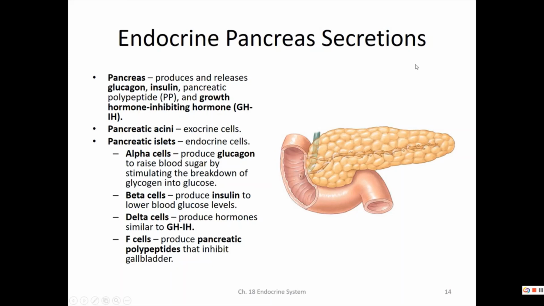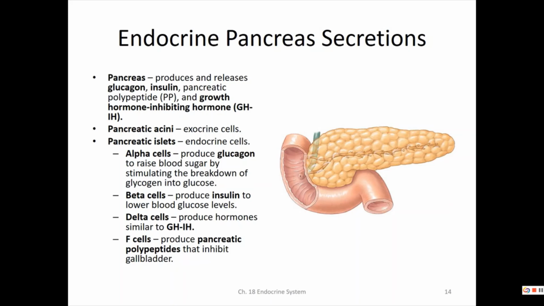But the islets are endocrine. The cells of the pancreatic islets are kind of like a party. Who is always the center of attention at a party? A beautiful woman. So the beta cells get all the attention because they're the big ones that make insulin.